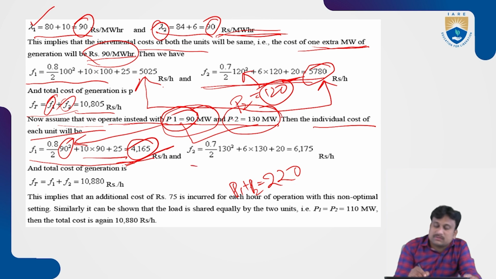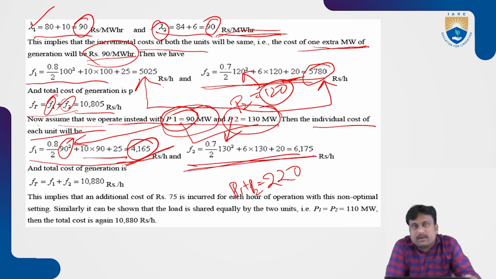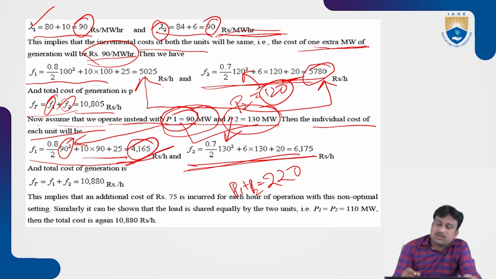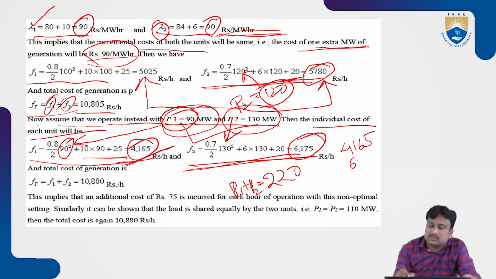Similarly, if you substitute for F2, F2 equals 0.7/2 P2 squared plus 6 into P2 plus 20. That gives a value of 6,715. Now add these two, 4,165 and 6,715.